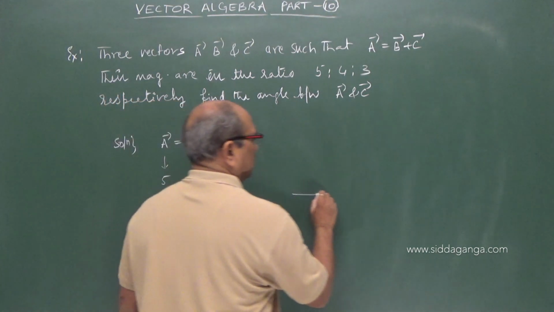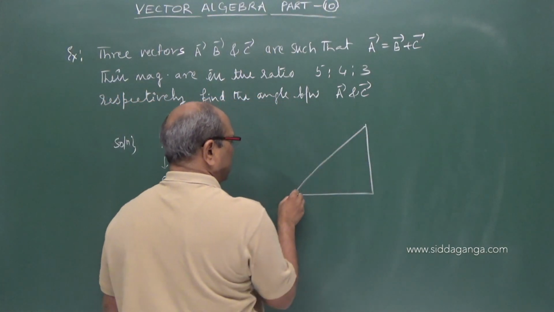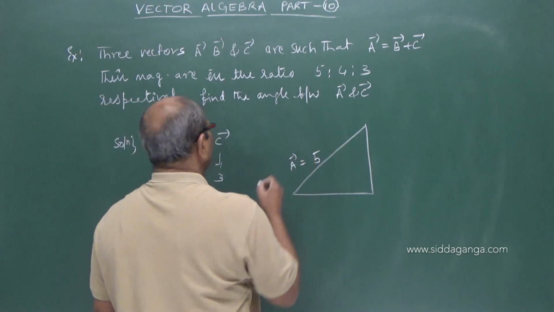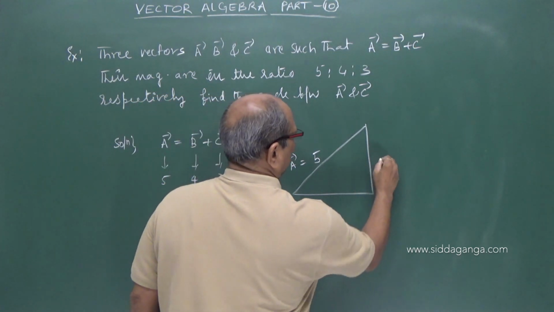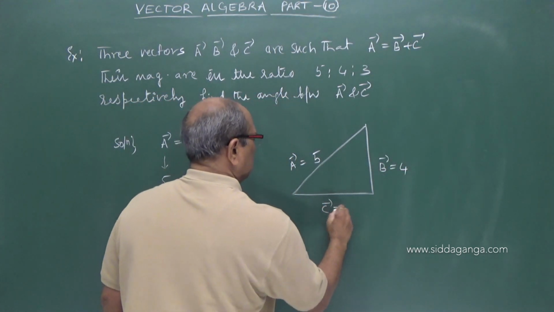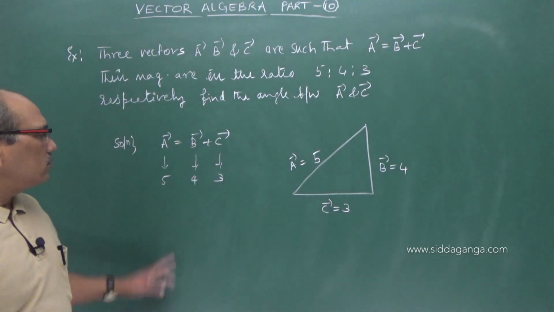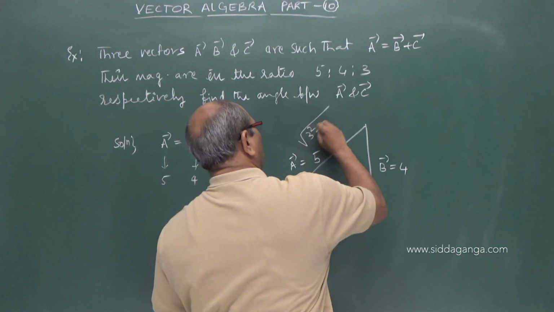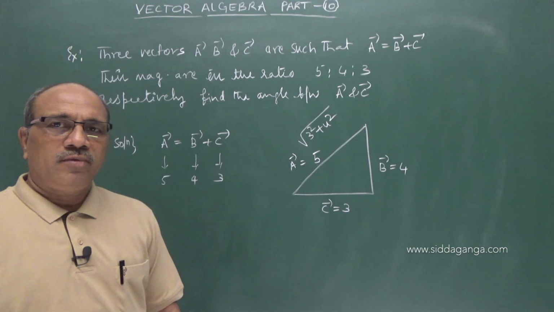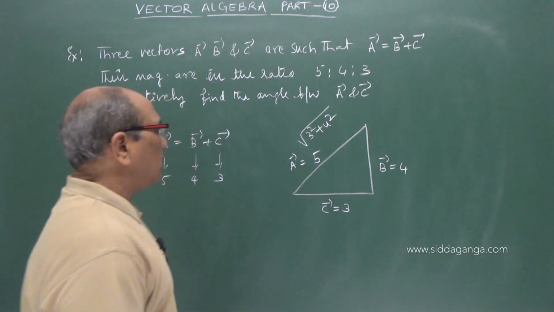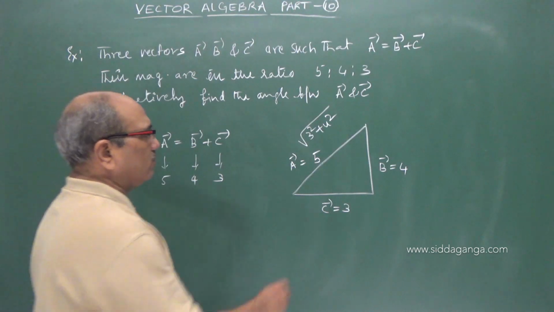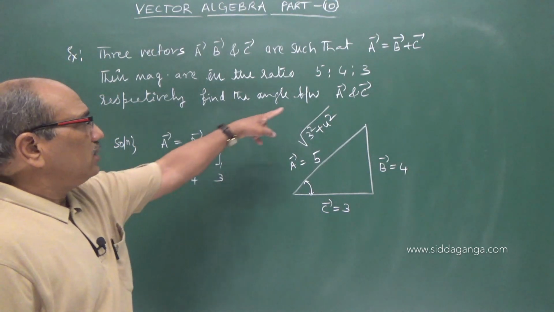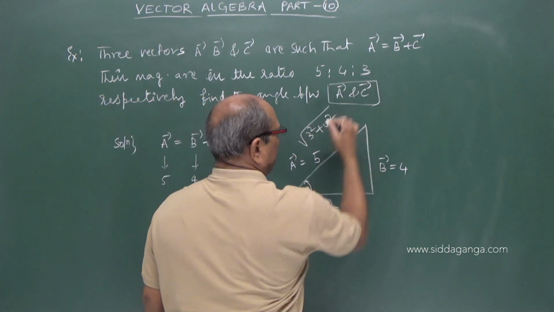This clearly suggests you can apply the Pythagoras theorem and understand that A is 5, B is 4 and C is 3, because root of 3 squared plus 4 squared equals 5 directly. But they ask about the angle between A and C. Angle between A and C, theta.